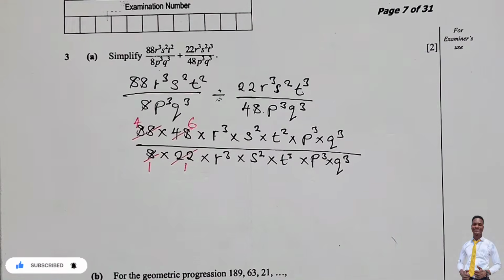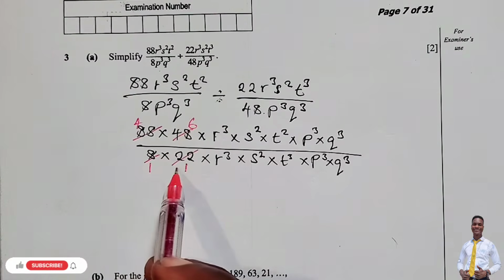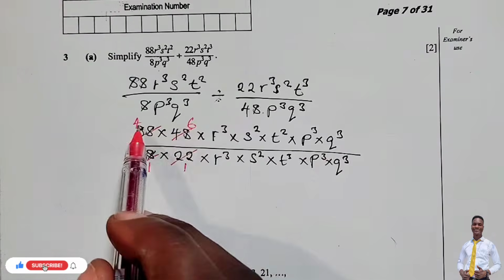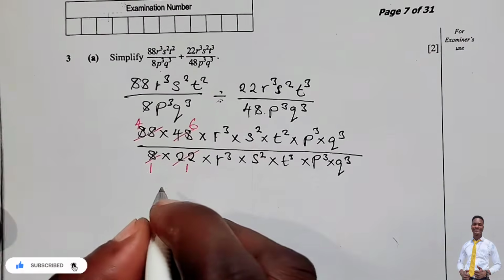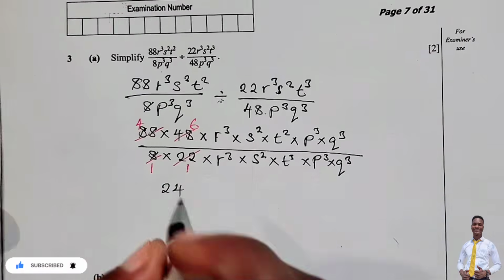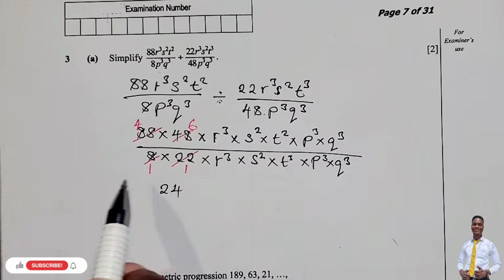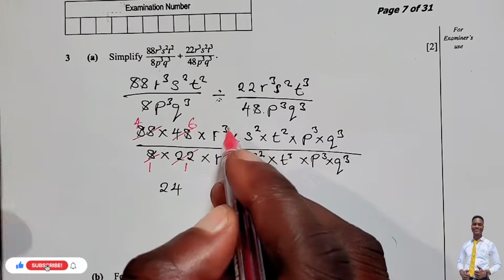You can use a calculator. So in terms of numbers here, we have 1 down here, then on top we have 4 times 6. So you can write 4 times 6, this is 24. I'm having 24 because I no longer have a number which is greater than 1 here. So let's go to the variables.